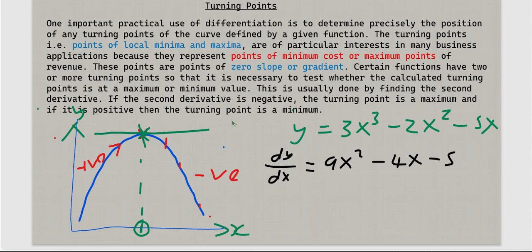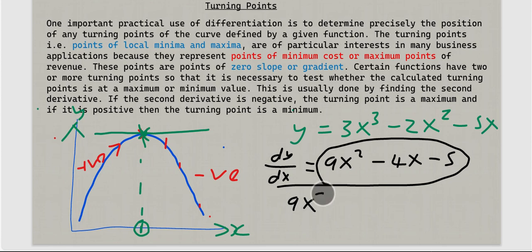So what do you do next? The next thing you do is equate this function to 0 to get x. So you are going to have 9x squared minus 4x minus 5 is equal to 0.